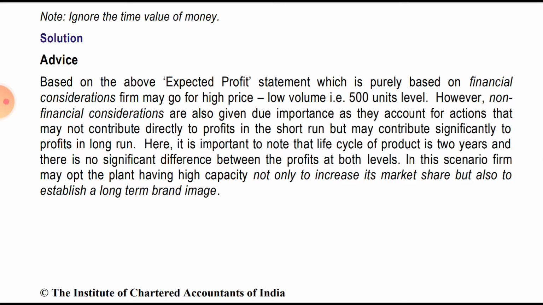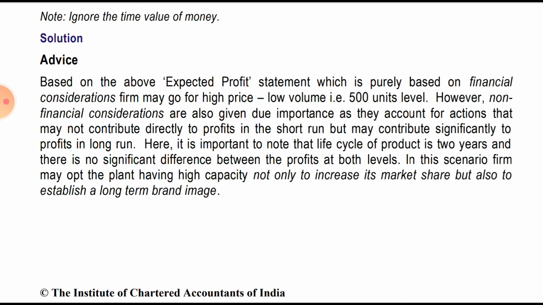Okay, here it is important to note that the life cycle of the product is 2 years, and there is no significant difference between the profit at both the levels. In this scenario, the firm may opt for the plant having the highest capacity.